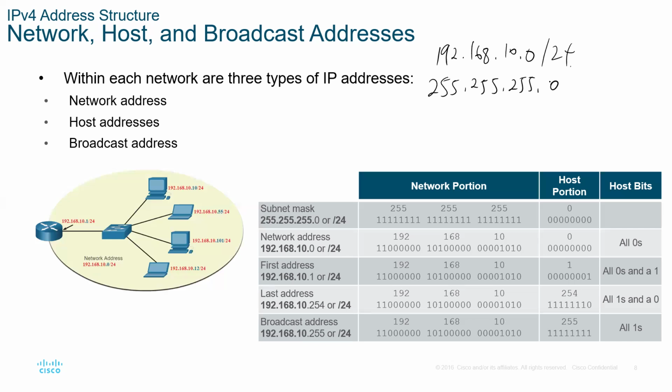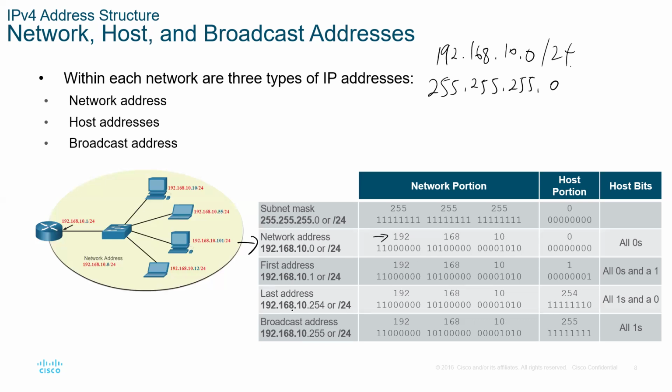If I want to send to every device in the network, it means the host portion becomes all ones. The bits in the host portion become all ones. Let me look at this address. This is my network address, 192.168.10.0.